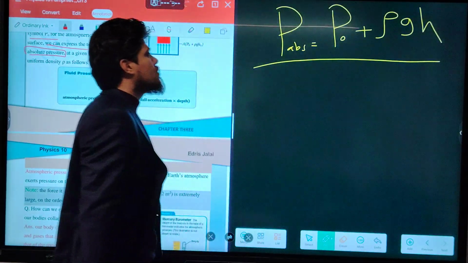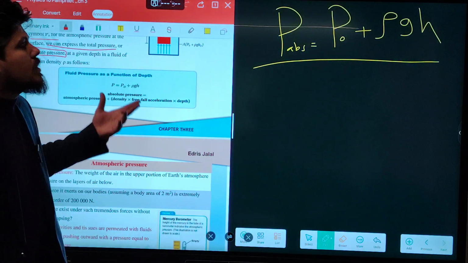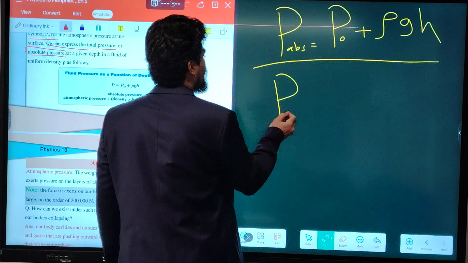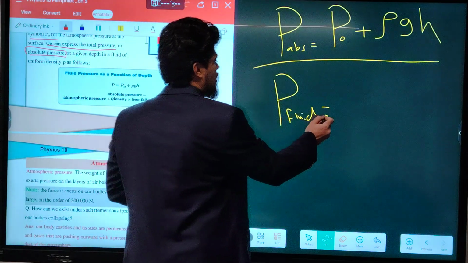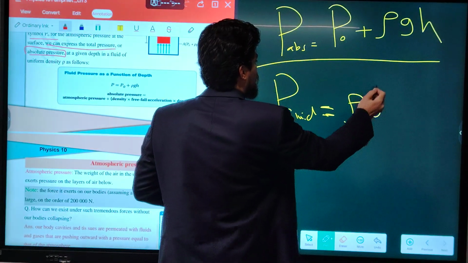If the question asks us to find the absolute pressure, you have to use this relation. But if the question asks us to find the pressure of the fluid only, P fluid is equal to rho g h. This is different from the absolute pressure.